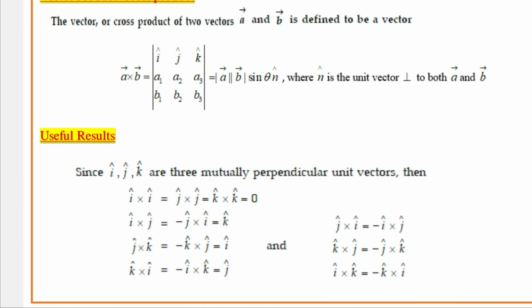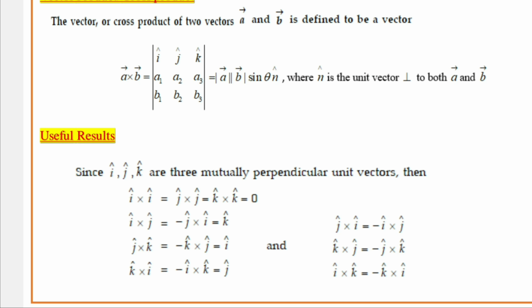Now the vector product I mentioned, A cross B. How do you find A cross B? You take the determinant with i j k in the first row, the second row A1, A2, A3, the components of the A vector, and the third row B1, B2, B3, the components of the B vector.